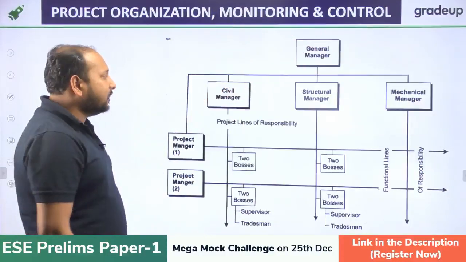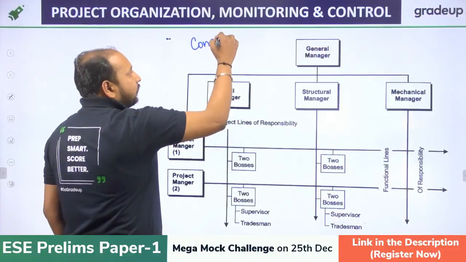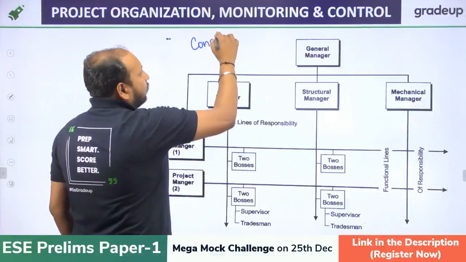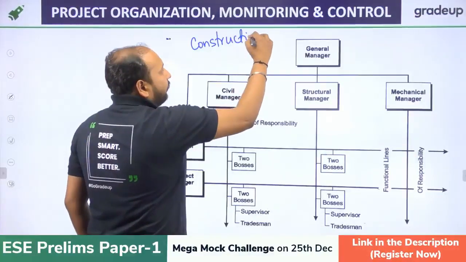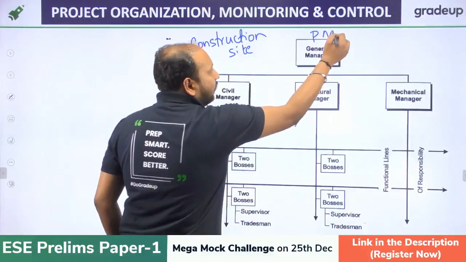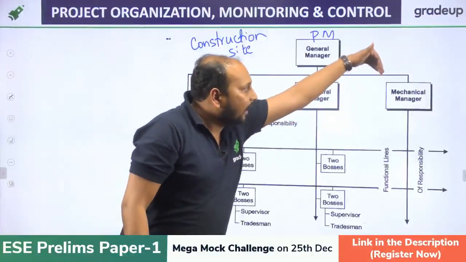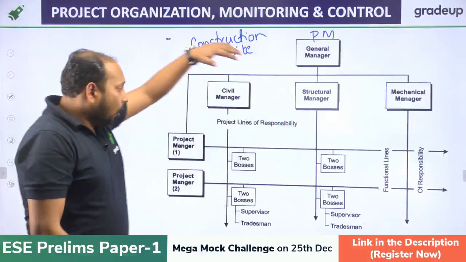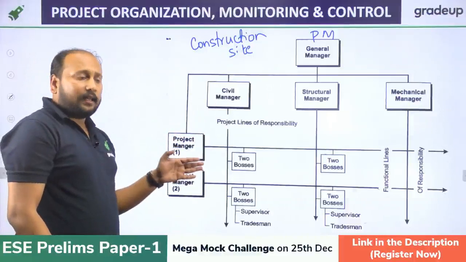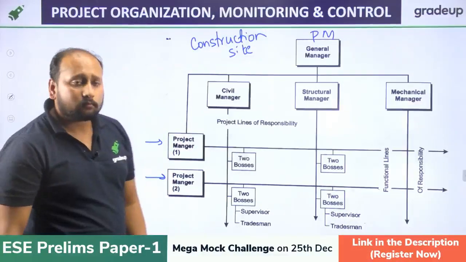Now we have a general manager. Under the general manager, we are talking about a construction site. This is basically the project manager. Under this we have a civil manager, a structural manager and a mechanical manager. Also we have another hierarchy, which is the project manager for line 1 and the project manager for line 2.